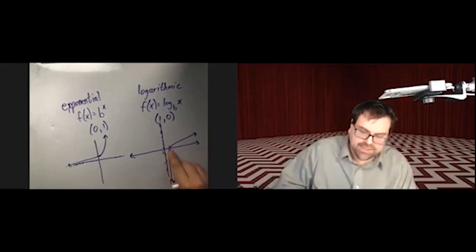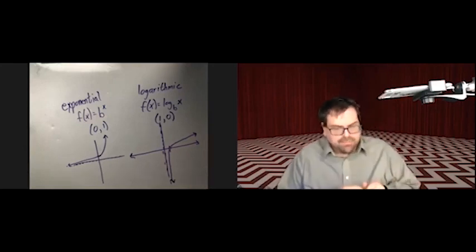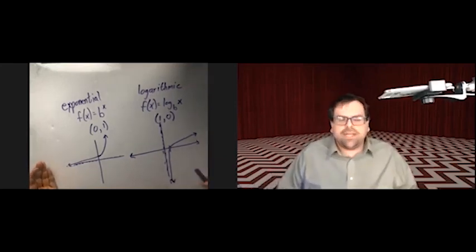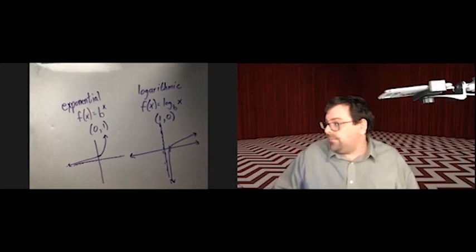Raises very steeply until it gets above the y-axis, and then it kind of slows down. Something to keep in mind about these is that just like any other function, we can move it up, down, left, or right.